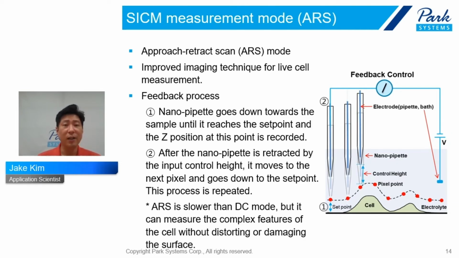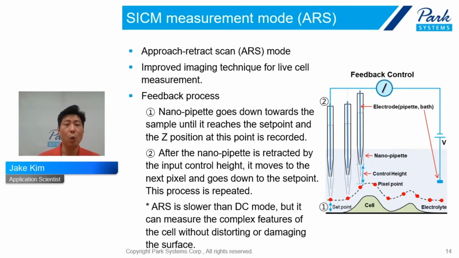The alternative one is the ARS mode. It is specially designed for cell samples. The nanopipette approaches and confirms the sample position, and it is retracted by the input control height. And it moves to the next pixel and approaches. That means approach, retract, and go to the next step.